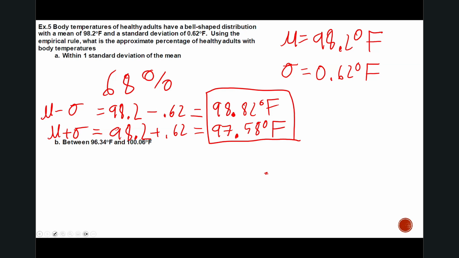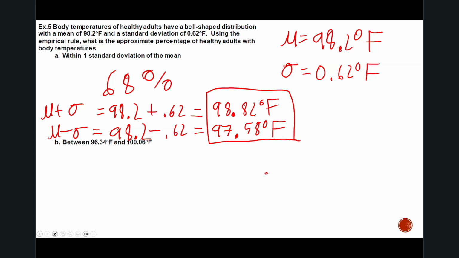Oh, I have these backwards. So I just took the mean and added the standard deviation, right? Subtracted the standard deviation.